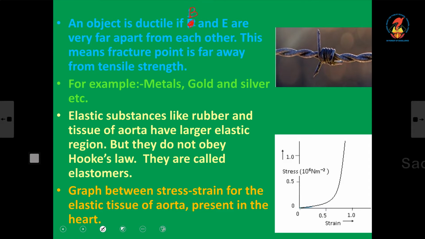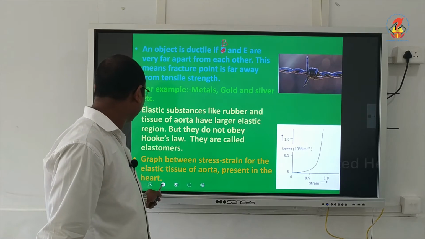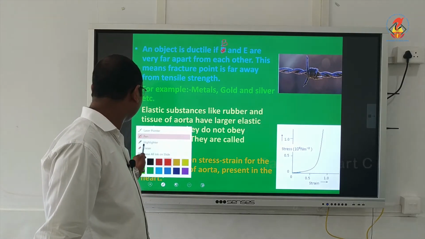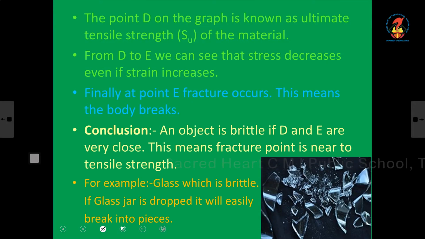Now, if the fracture point is very much closer, then what will happen? If the fracture point is closer to the tensile strength, the object will be brittle. D and E are very close. This means the fracture point is near the tensile strength. So here also you can write B and E. For example, glass is very brittle.